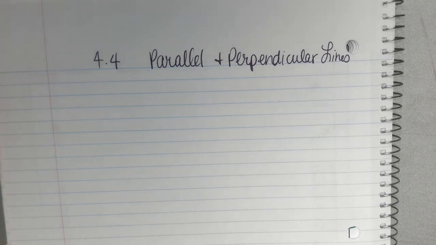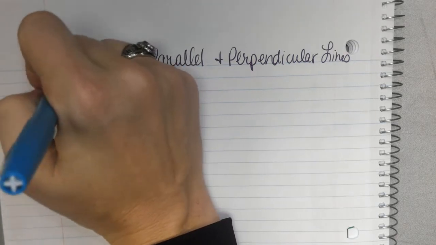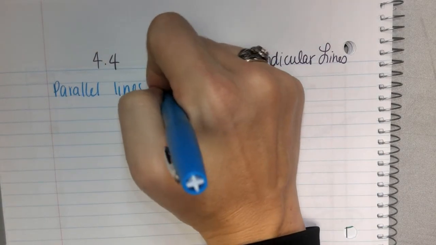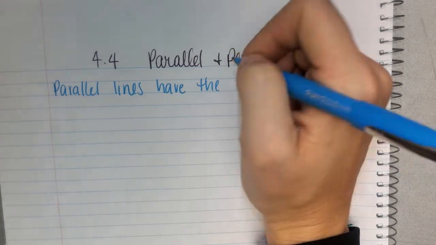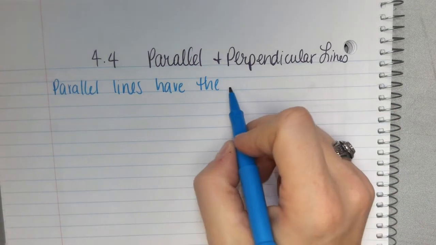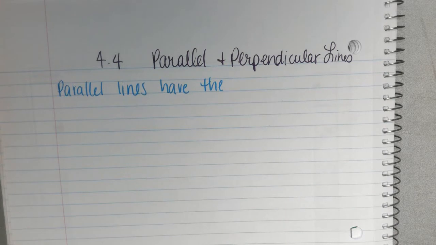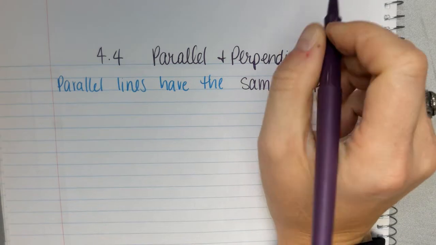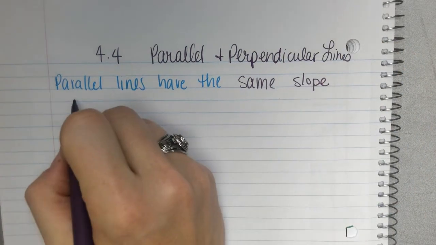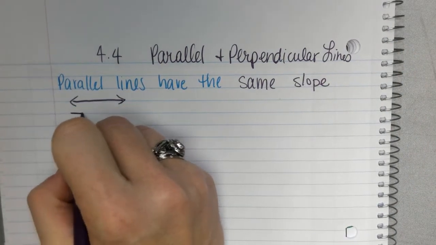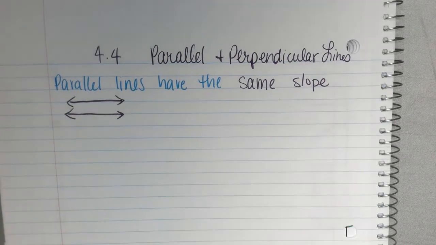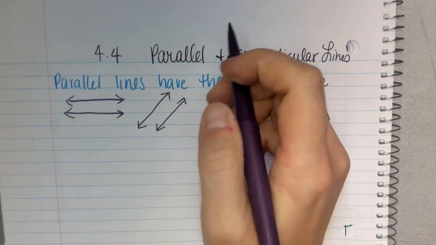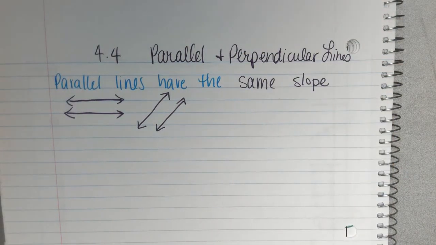So, let's think about this. Parallel lines, let's write this down. Parallel lines, when we're speaking of slope, they have the same slope. Think about that. You have two lines like this. They're always running parallel. They might even be like this. But if they're truly parallel to one another, they have the same slope.